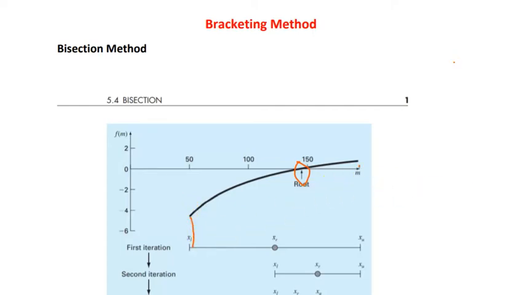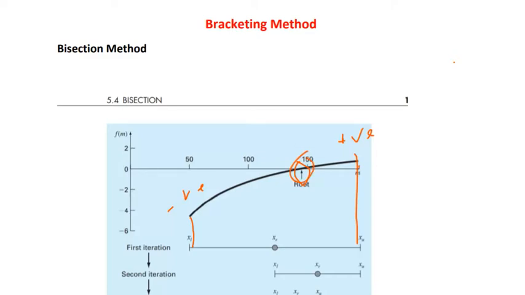You can see this is negative and this is positive. The idea is if the function value is changing from negative to positive or positive to negative, it will pass through the origin. It will make y equal 0. So this is the root here.